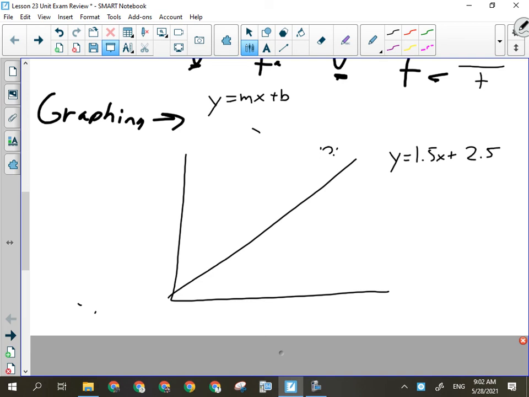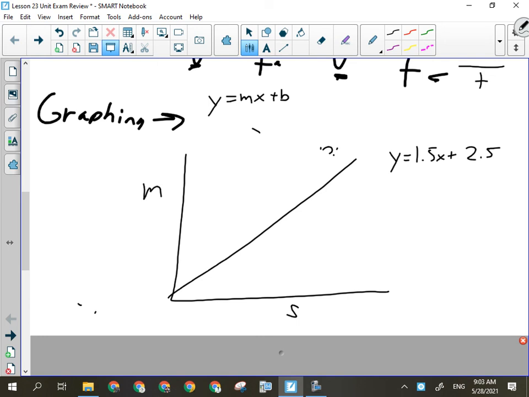If I give you a graph that looks like that, then I'm going to ask you to do what you did on your labs, which would be, if it's a position versus time graph, for 1 mark, I might ask you what the velocity is. Riley, what's the velocity? It's 1.5.